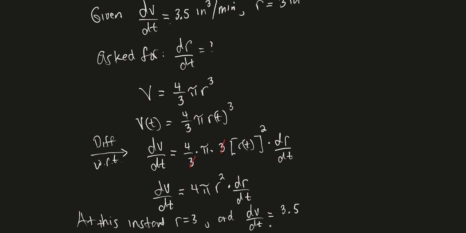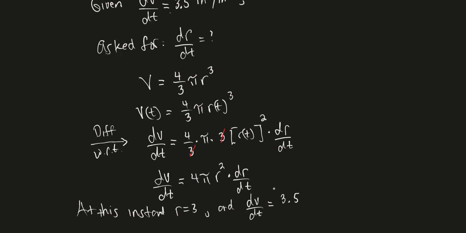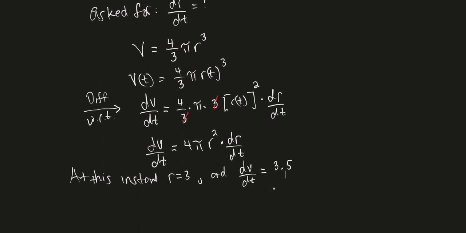I'll put the units at the very end, right? So substitute what we have. So the 3.5, I'm going to write that as a fraction. So this is 7/2. That's 3.5 as a fraction.